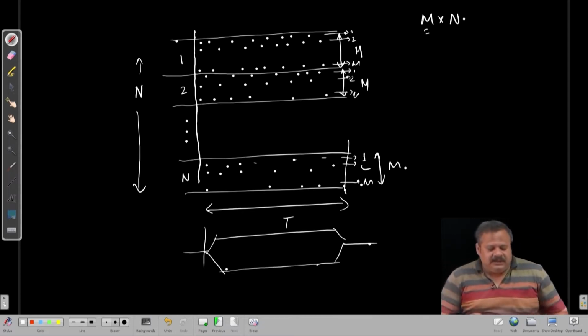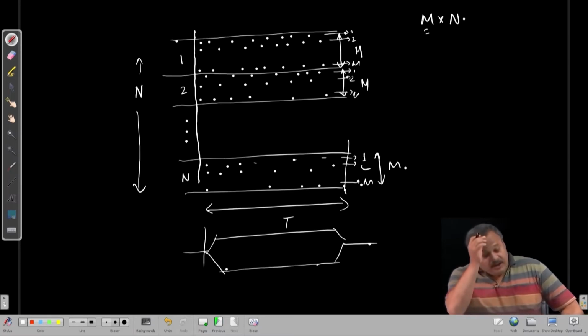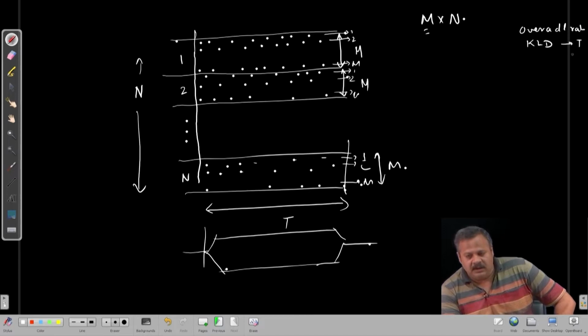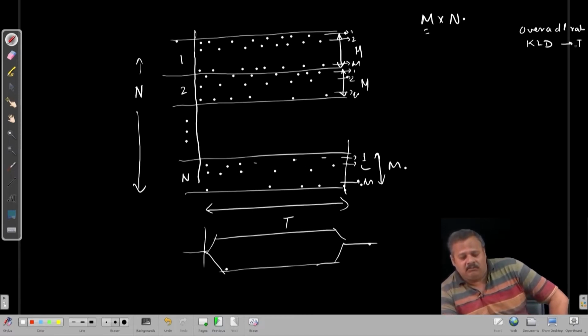So let us say that these spike trains, depending on whatever response measure, the response measure can be overall rate, the response can be KL distance over the entire duration capital T without assuming any distribution. We can use a Gaussian assumption and use d prime as a measure of discrimination that is based on overall rate.